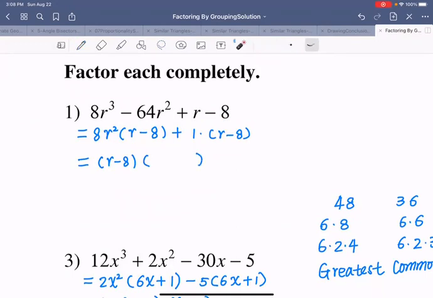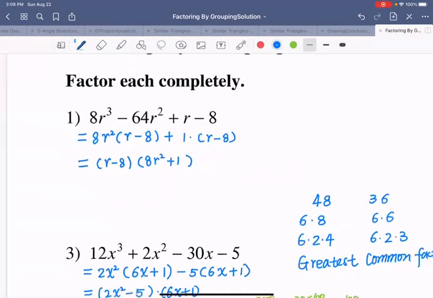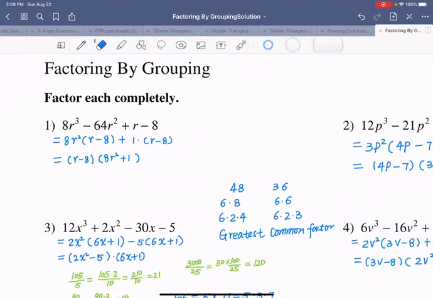And what you should put over here. Can you please tell me what I should put into this parentheses? R squared plus 1. 8r squared plus 1. Okay? Does this make sense? Yes. Okay, very good. Next one.